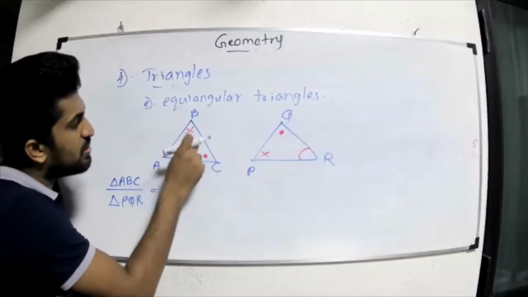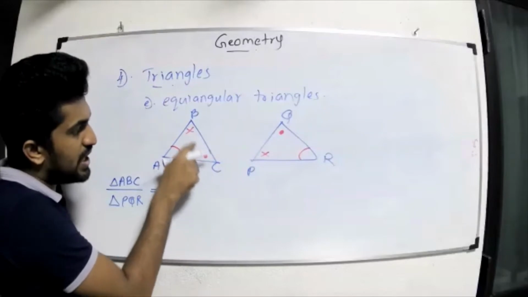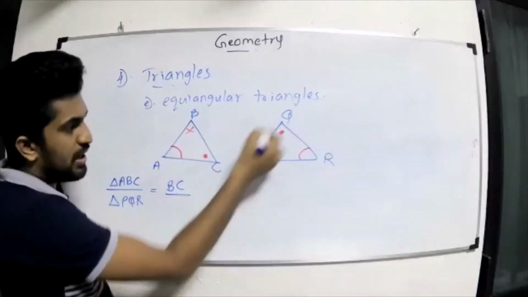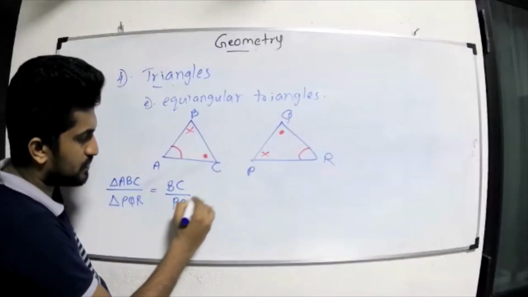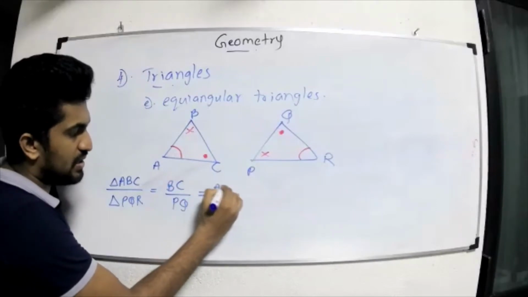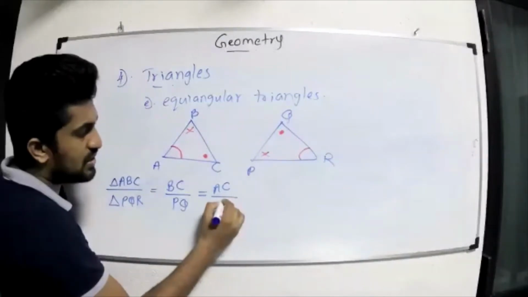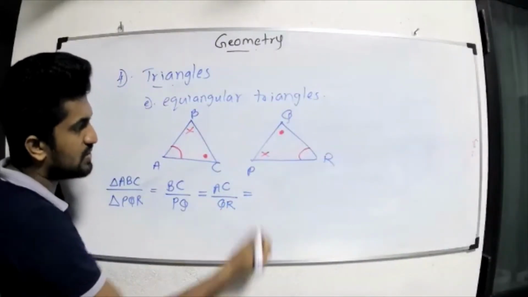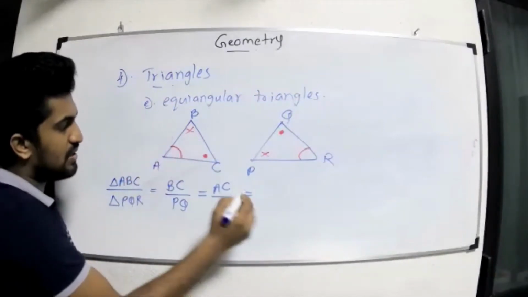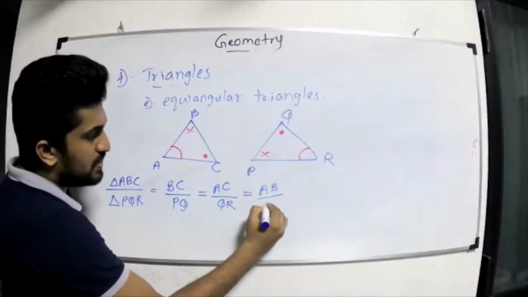That means BC over PQ equals AC over QR equals AB over PR.